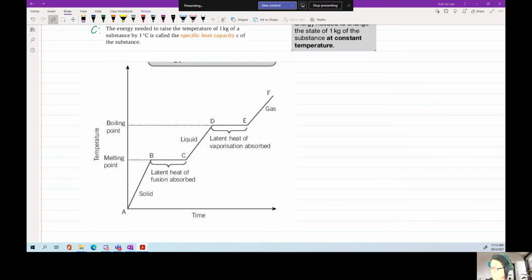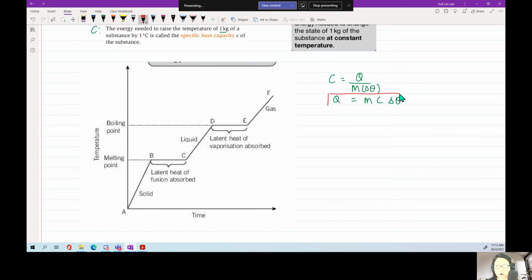What are the equations you need to use? The equations here are derived from the definition. The definition of C is the amount of heat required to raise the temperature of 1 kg by 1 degree Celsius, or normally Q is equal to mc delta theta.